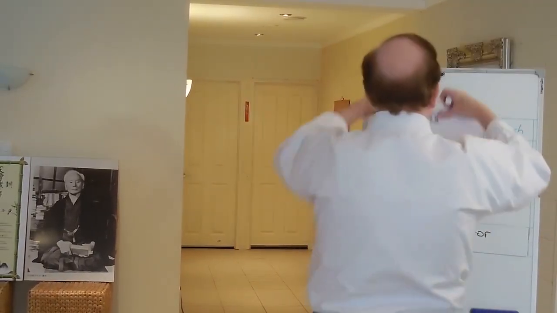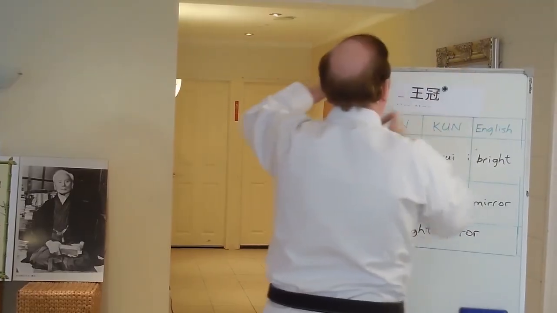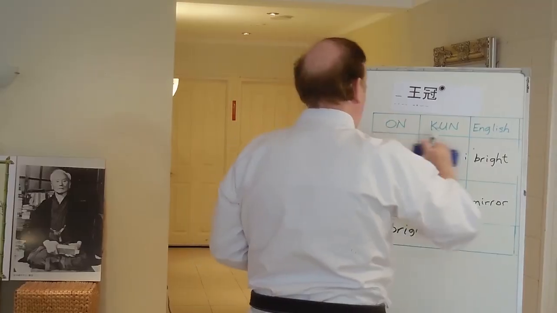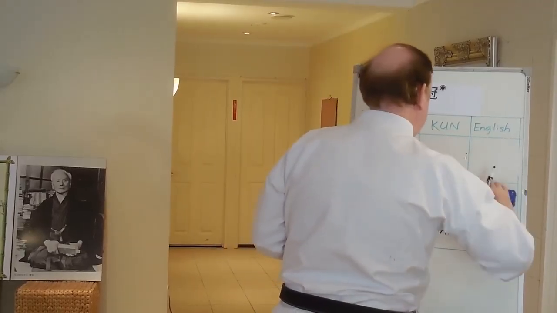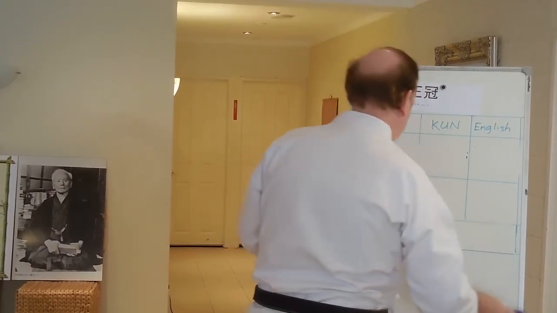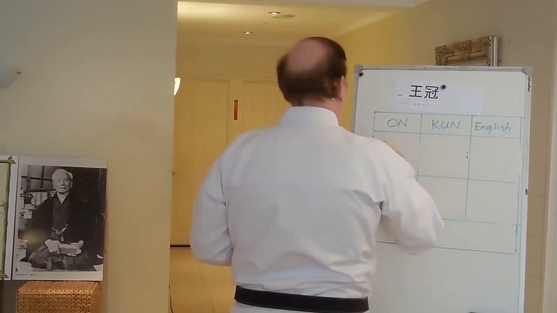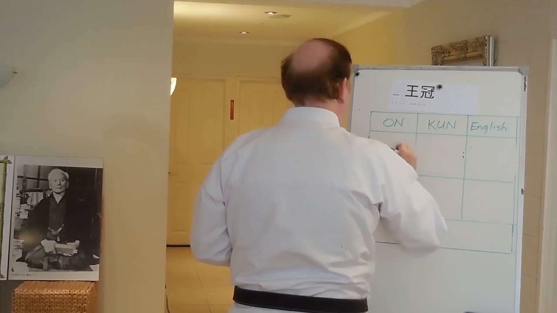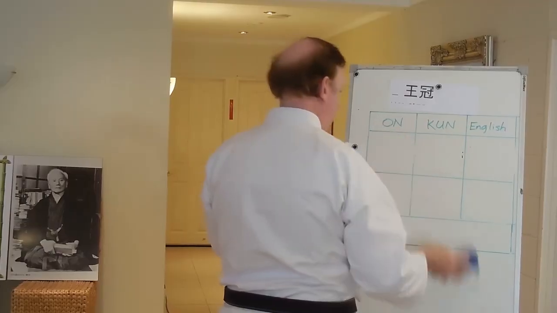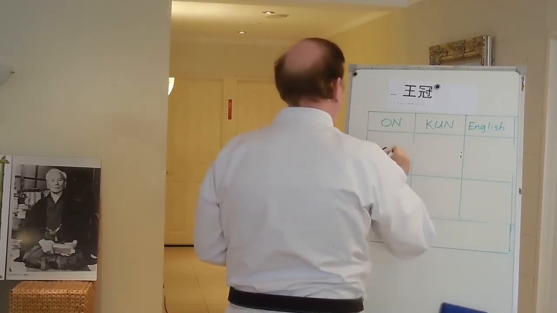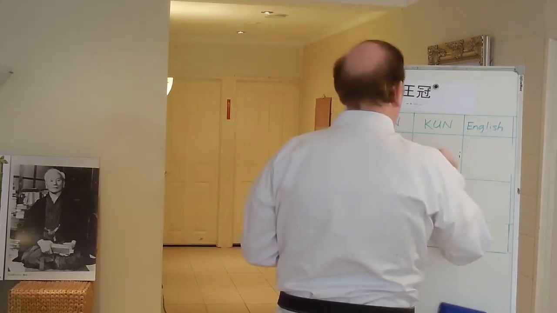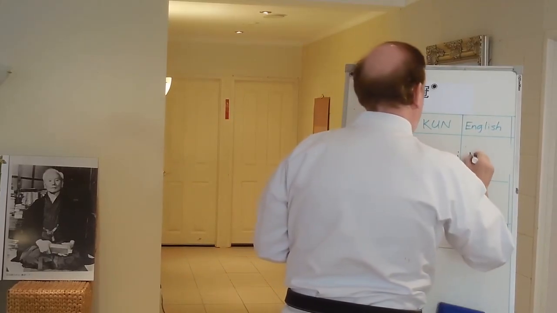Now going on to the last section here, we have one kan, and one, well actually sorry, that's not correct, is it? So that should be o, and o is king.